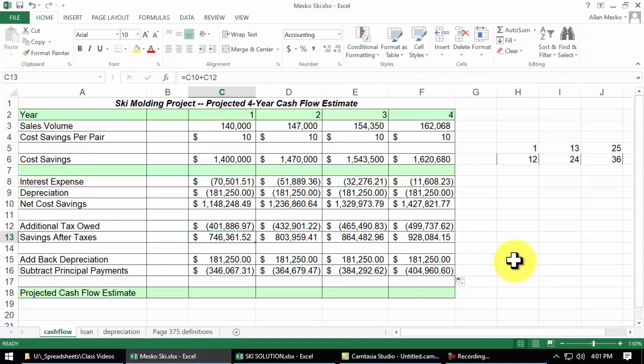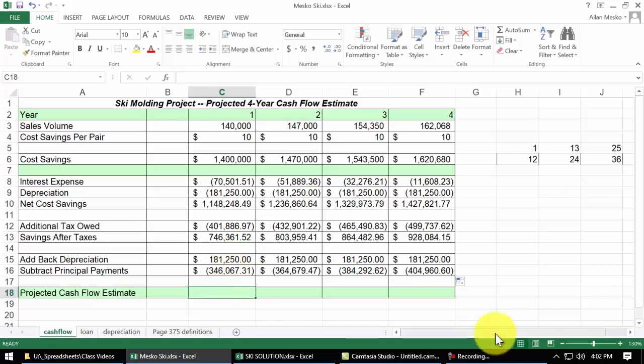The rest of number 12 says we want to arrive at a final projected cash flow. So it's this savings plus the depreciation added back because we're not actually having to spend that money, and then we subtract our principal payments.